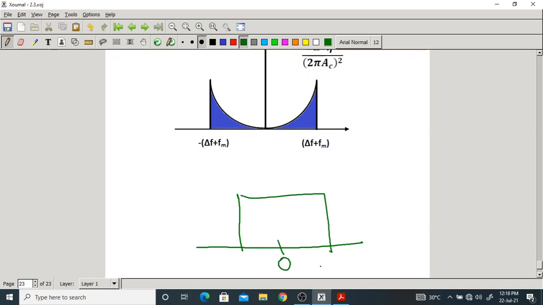Which means you are passing this through a low pass filter only from minus fm to fm. Are you getting what I am saying? You are passing this through this low pass filter. Obviously, the extra components will be clipped off. What is the extra component?